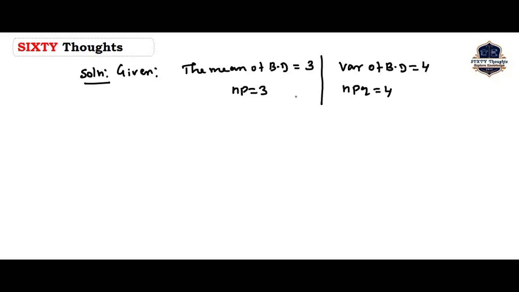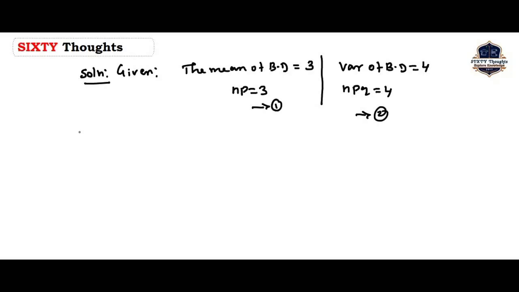Our question is to comment on the following statement, which means whether the statement is correct or not. How to verify it? We have to find the p value and q value, and based on that we need to justify whether the given statement is correct or not. Consider this as equation number 1 and this as equation number 2.